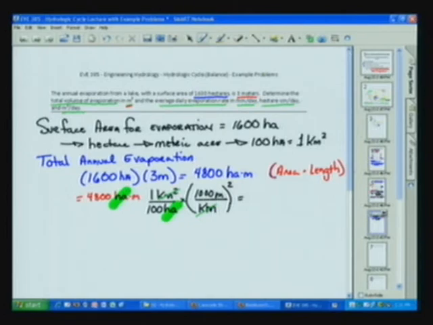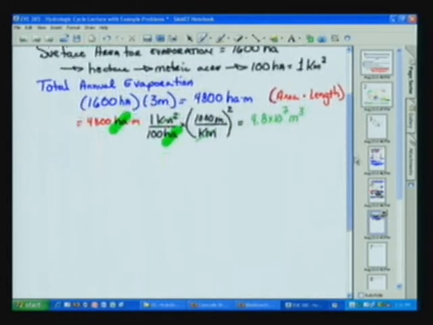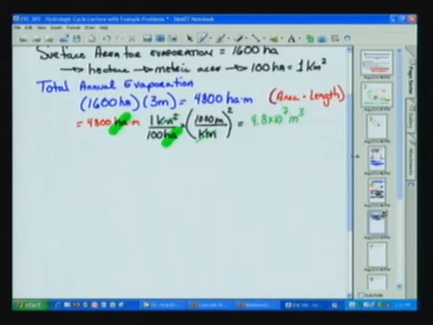And so we would have 4.8 times 10 to the 7 cubic meters of evaporation off of that lake in a year. Okay. So now we want to find the daily evaporation.